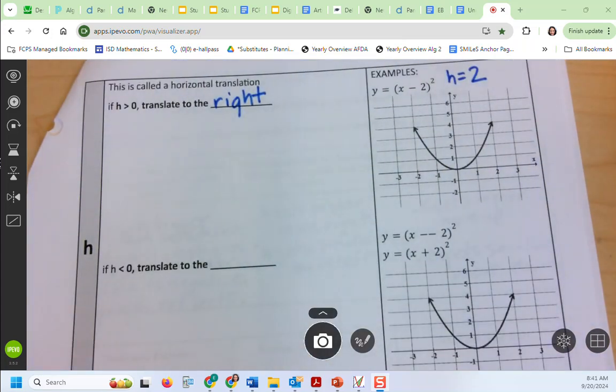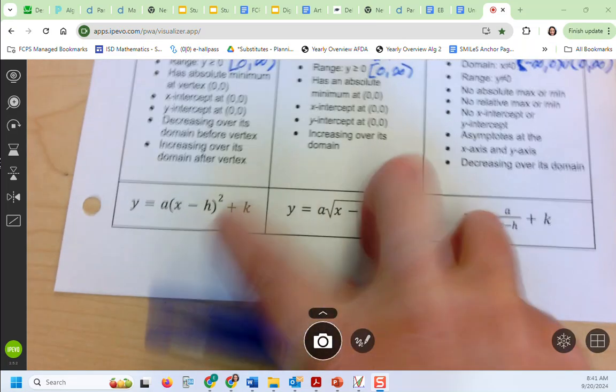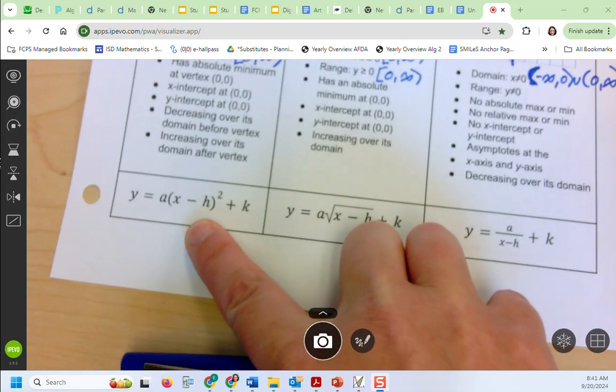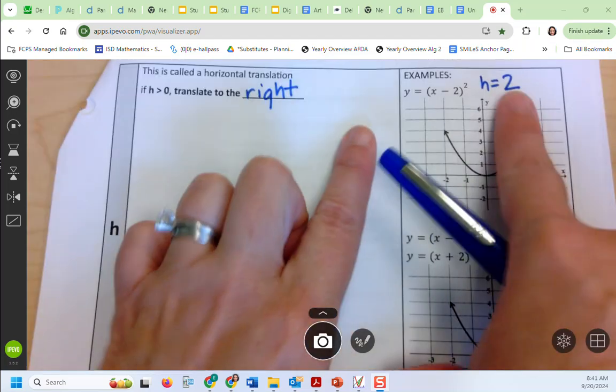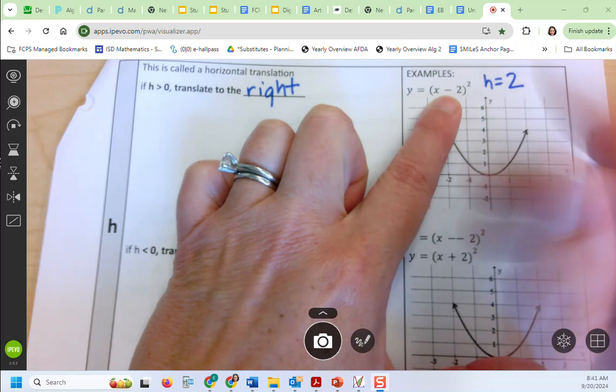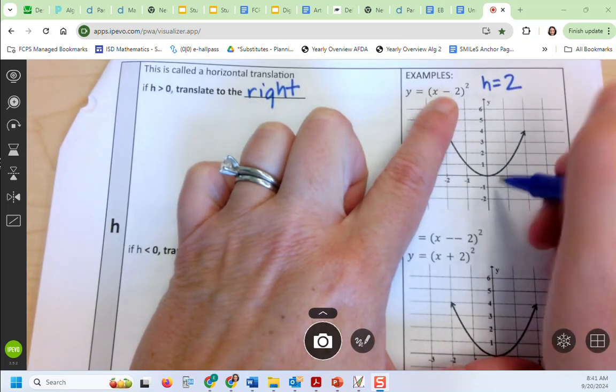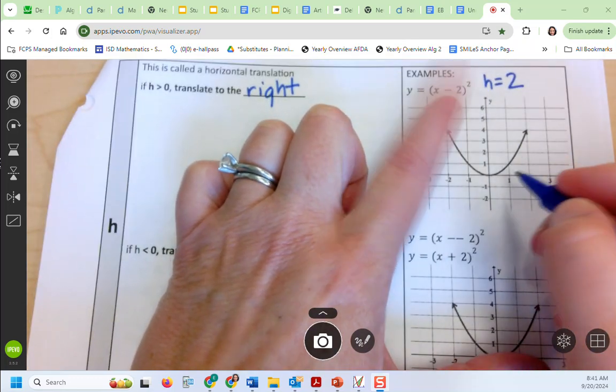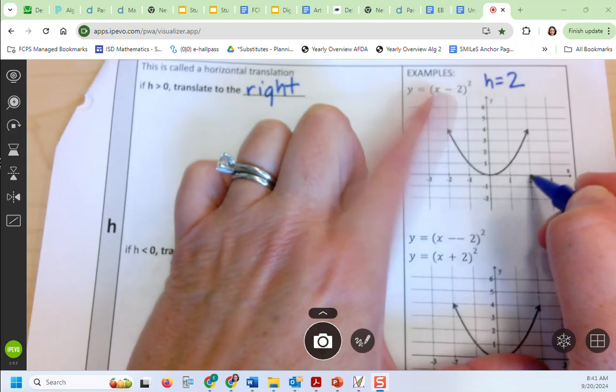I'm going to show you real quick. I'll come back to this. You see how the minus is part of the equation? So the h is actually a positive 2 here. It says x minus 2, and people get confused because they want to go left. But the minus comes from the equation, so we actually go right.